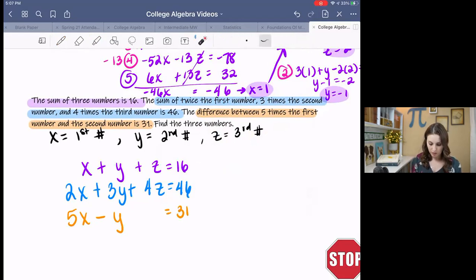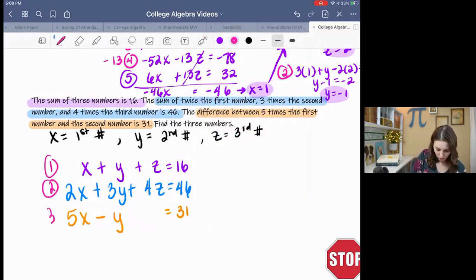This looks nice because we've already got one equation that has only 2 variables, which means that we can use these 2 equations to eliminate Z, since we're missing Z here. You do want to label 1, 2, 3 your equations.